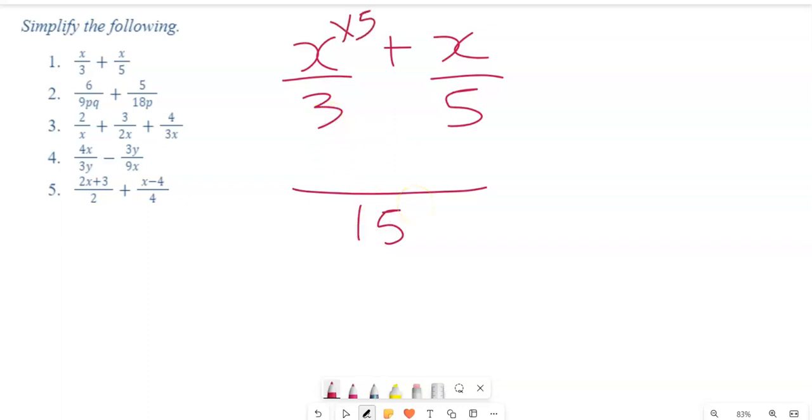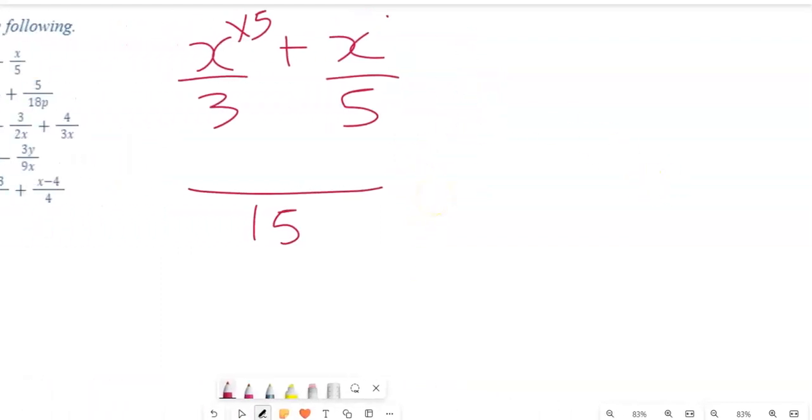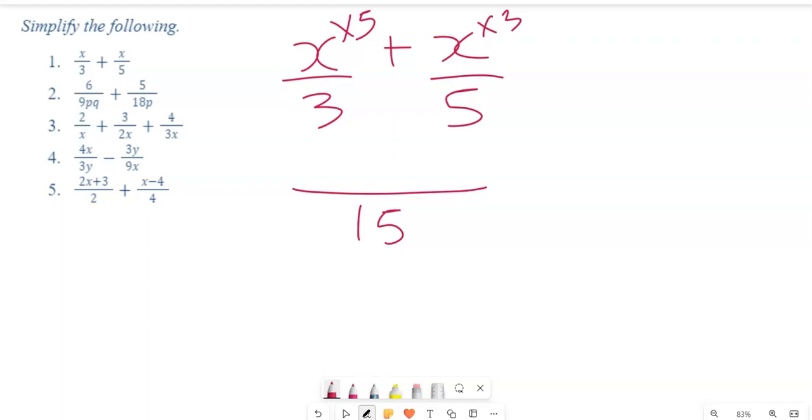And we're going to multiply it by that numerator. And then we say 5 into 15, that's 3. We're going to multiply it by that numerator. So 5 times x, that's 5x, plus 3 times x, that's 3x. As you can see, we have two like terms right there, so we can simplify further by adding.